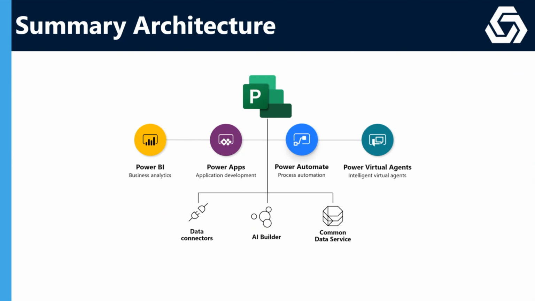So Project for the Web in itself, if you hit project.microsoft.com and log in with a 365 license, you would be correct to say it's quite a simple, light project management solution. But as soon as you bolt that in with the Power Platform, it becomes a whole different beast in itself. And I'll show you some of the technology and functionalities available with that integration capability in a short while. So yeah, hopefully that makes sense.